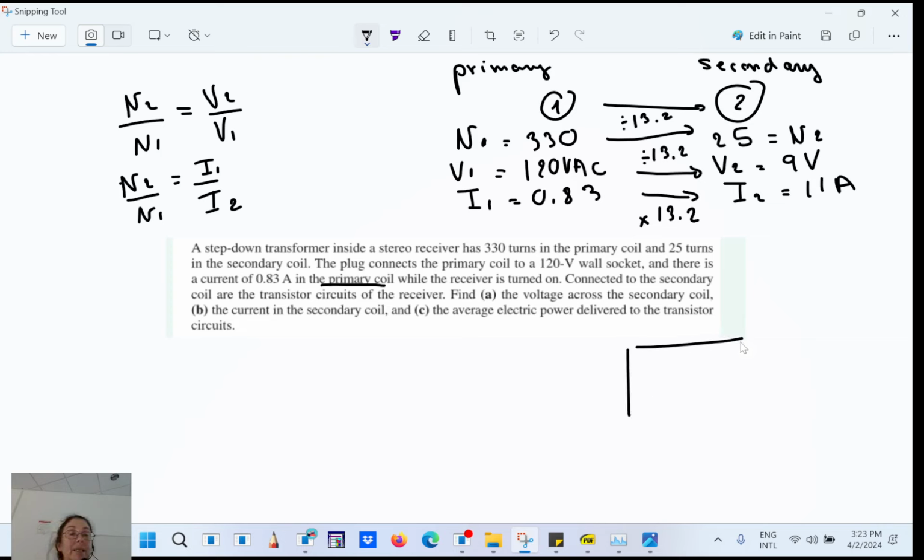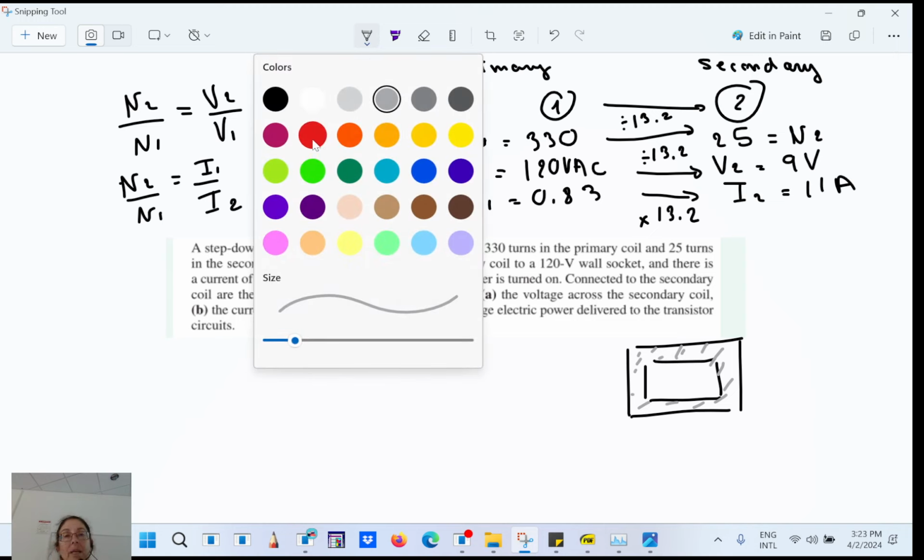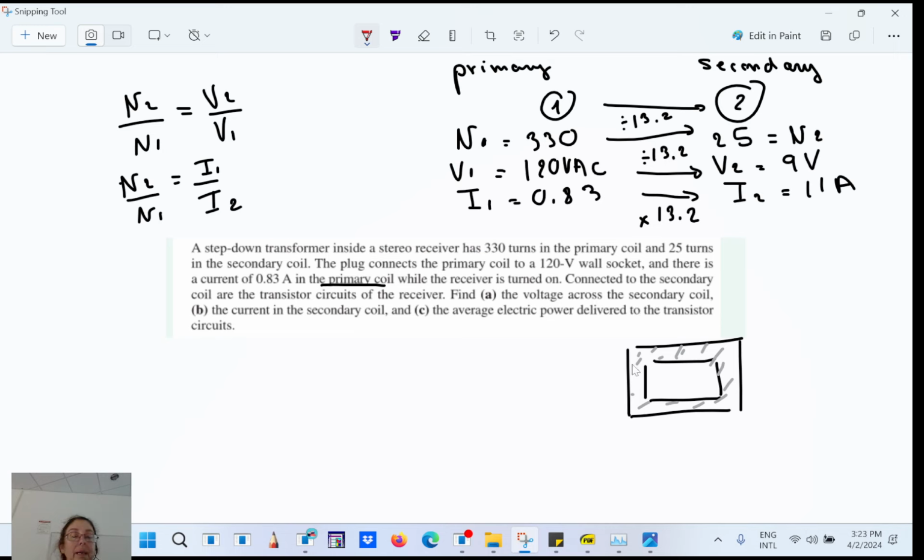So that means that if you have your transformer, it's made of soft iron here, okay? On one side, I'm going to have a lot of loops, 330 loops here, and that's going to be connected to my outlet with 120 volt AC.